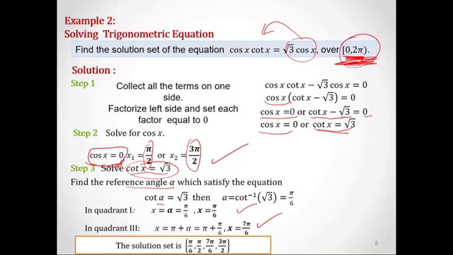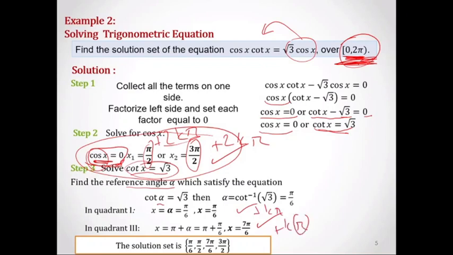If someone asks you for the general solution, the bad thing is that for cosine it will be 2k pi, because the period for cosine is 2 pi, and for cotangent it's pi, so you have to add k pi here, not 2k pi, because the period of cotangent is pi.